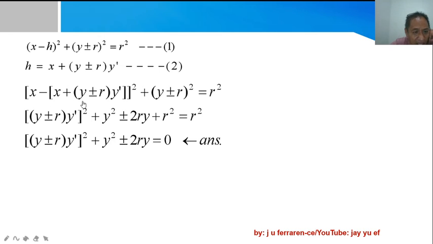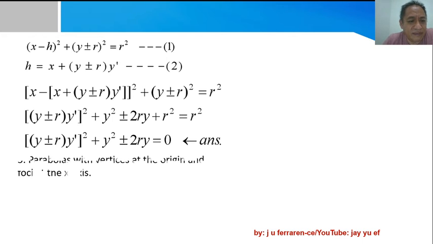This is supposed to be a negative quantity, however if you take the square, this term is converted to positive. So I have a product between them, plus the y squared, plus or minus 2ry equals 0 after removing the r squared. So that is your answer, an equation in first order.